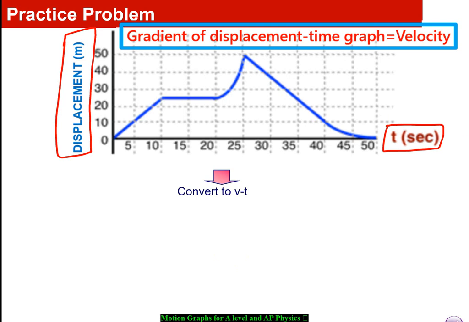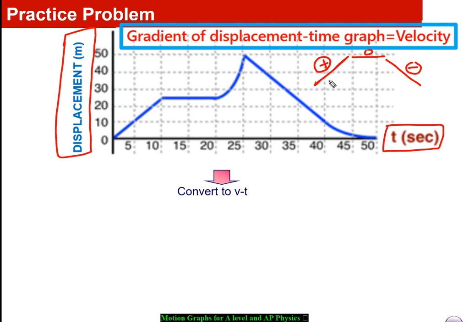The key idea is that the gradient of a displacement time graph is equal to velocity. Now, the next thing we need to understand is that if the line is climbing up, this gradient is positive, this line has zero gradient, and this one has negative gradient: positive, negative, zero.